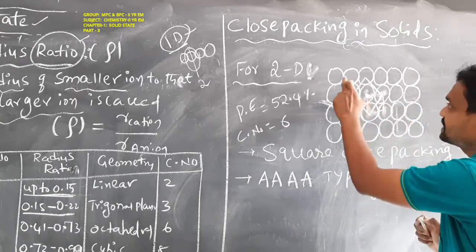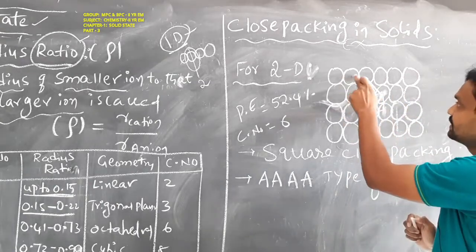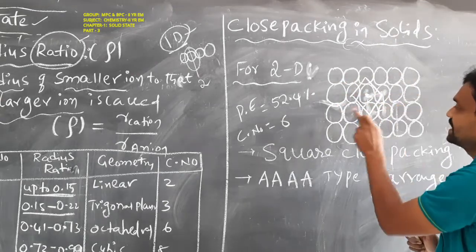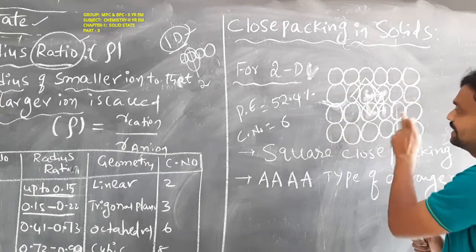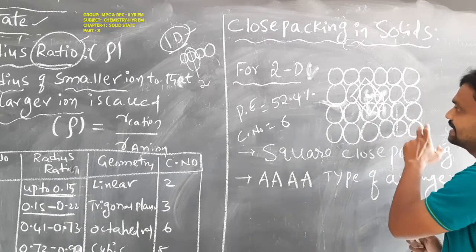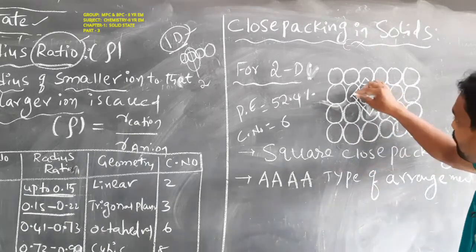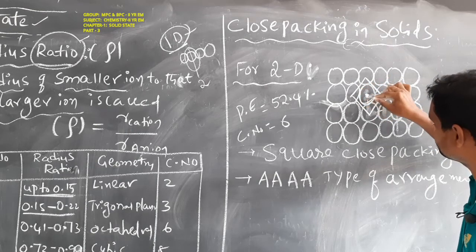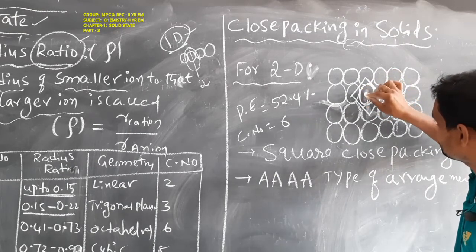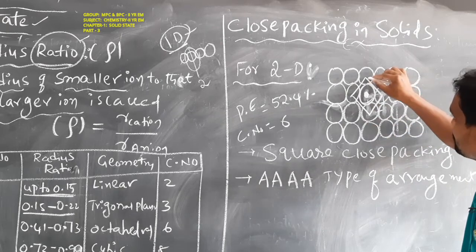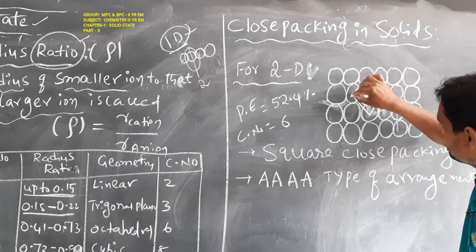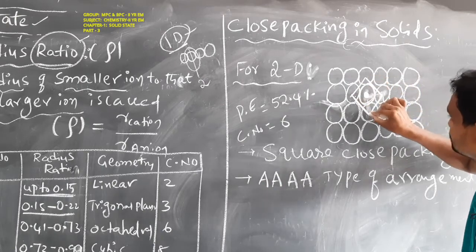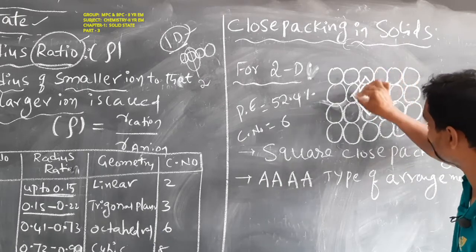For example, this is one atom. They can arrange in two dimensions. Here we consider this central atom. How many atoms touch this atom? 1, 2, 3, 4.